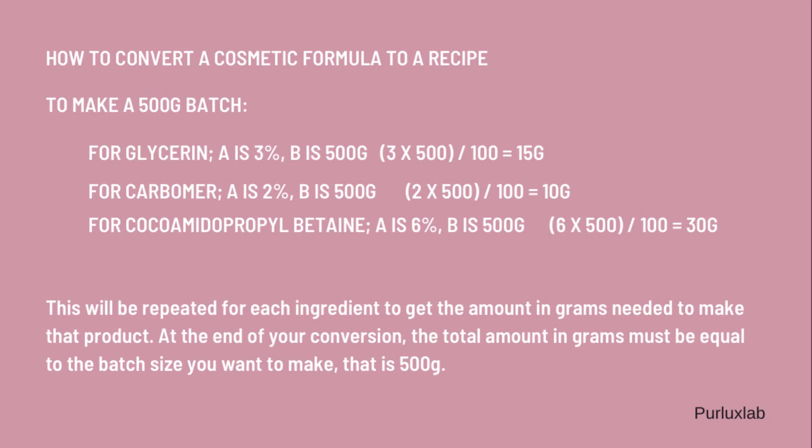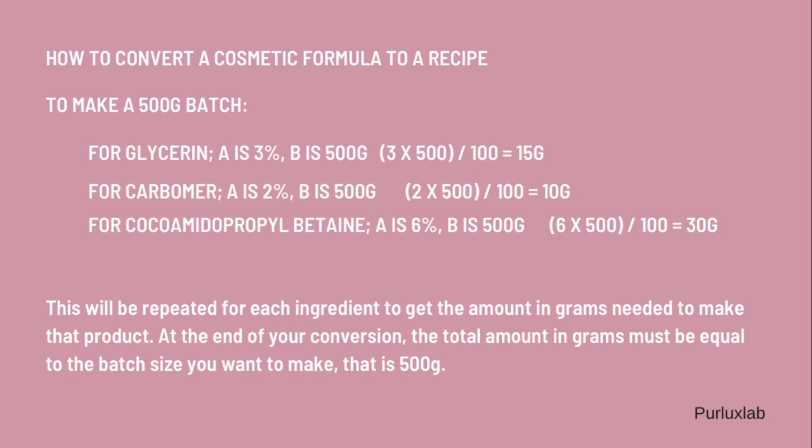So this is how you're going to repeat this process for all of the ingredients in this particular formula, and that way you will get the amount in grams of each of these ingredients you need to make that product. At the end of your conversion, you should make sure that you add up the amount in grams of all of the ingredients, and after adding up all of these values, it should give you 500 gram, which is the amount you are trying to make in the first place.